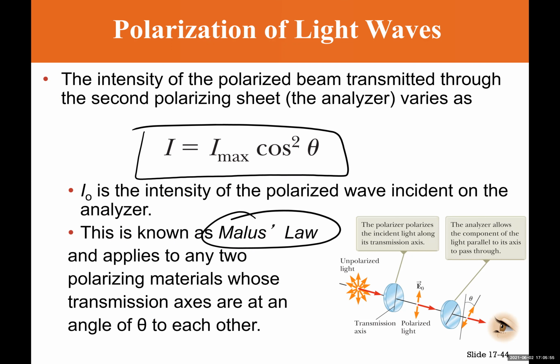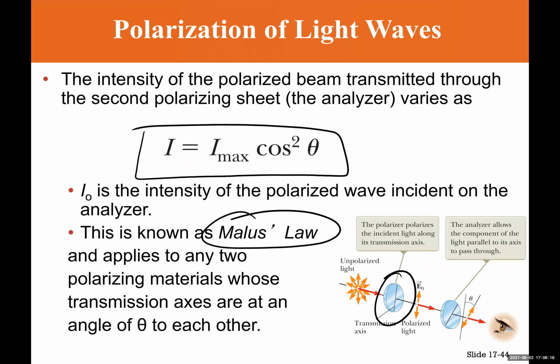Maybe you can have 4 or 5 different polarizers after the first one. The first one is generally known as the polarizer, the second one is the analyzer, and you can call them analyzer 1, 2, 3, and so on. The polarizer always drops the intensity to 1/2, and then analyzers can drop it further, as much as you want.